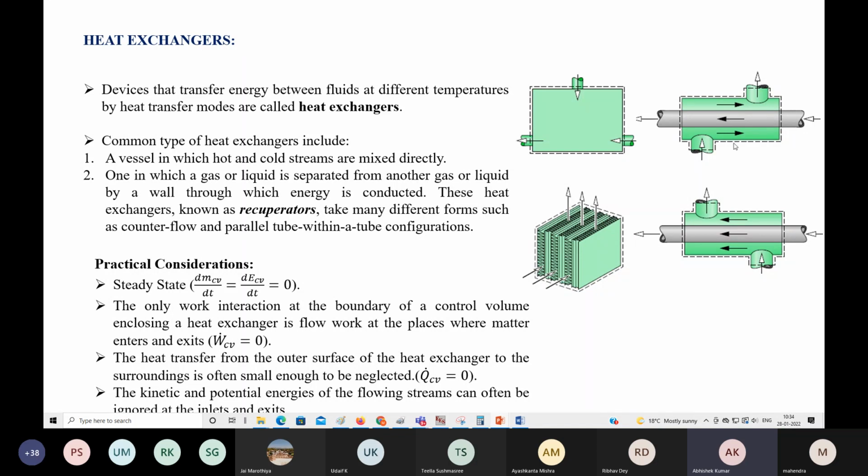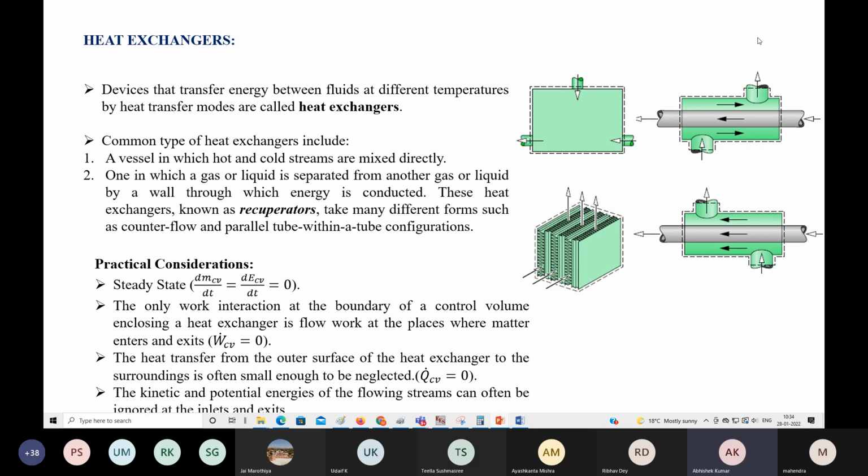So heat exchangers we will be using in many applications, like all thermal power plants. Everywhere it is there. All chemical industries, everywhere heat exchangers are there. Here this is one fluid, this is another fluid, like the example of your glass of hot milk and water in the vessel.